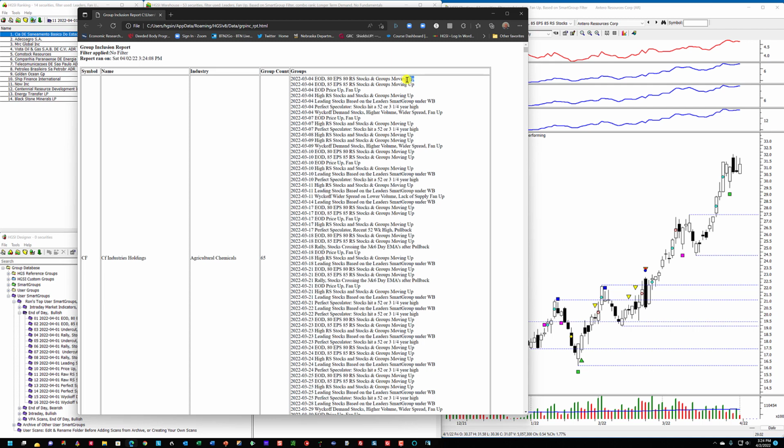Now, this is something interesting and fun to do. You can highlight a scan, do a Control C, and then do a Control F, and it's going to put that up here in the find. You can see that there are 1,492 instances in these stocks where the end of day 80 EPS and 80 relative strength appears.